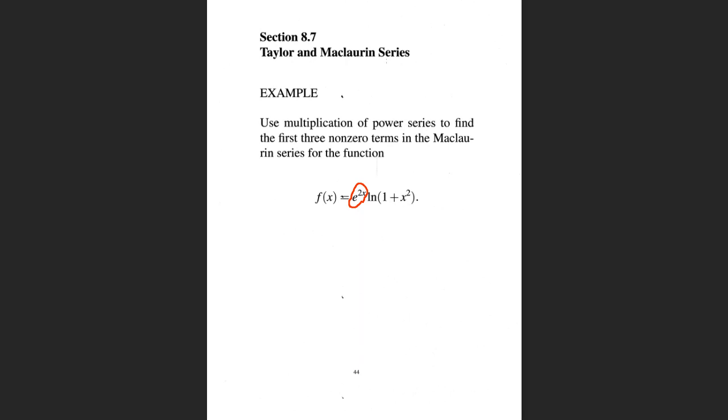And we want to find the Maclaurin series for this function, e to the 2x times the natural log of 1 plus x squared.